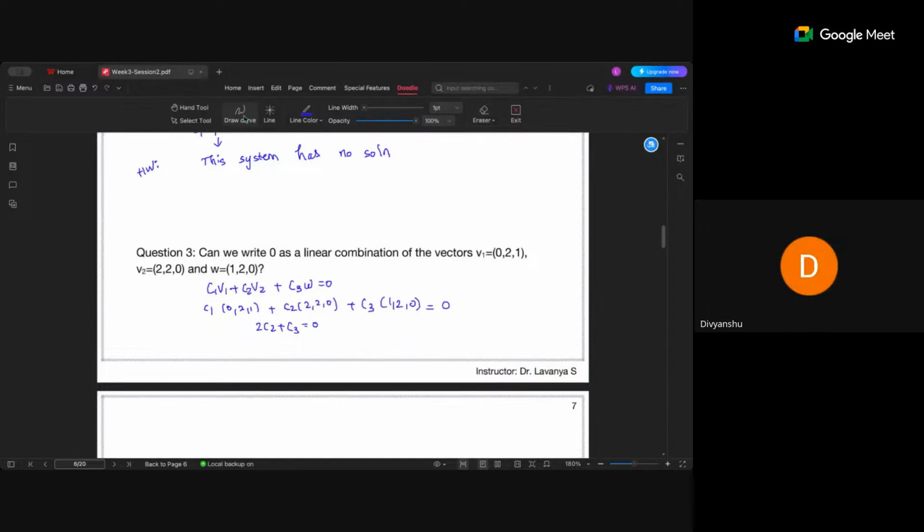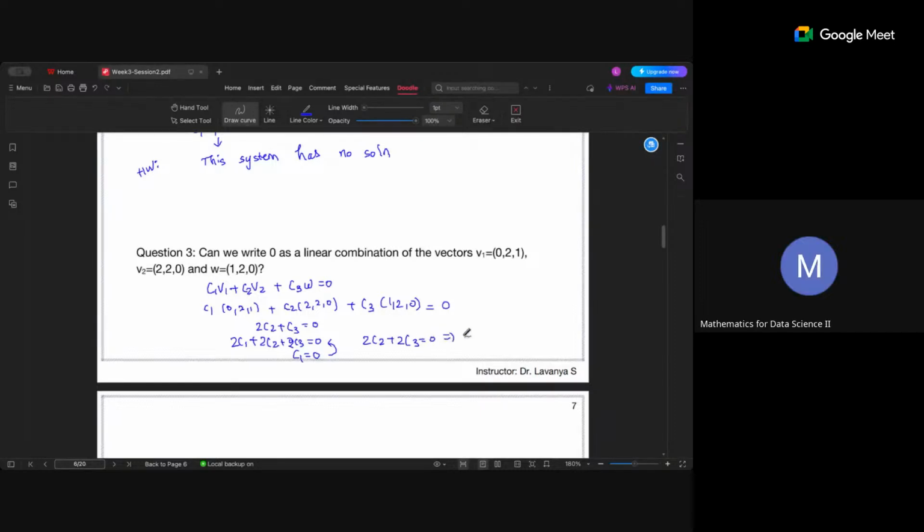And then 2C1 plus 2C2 plus 2C3, the next value is 0. And then you have C1 is equal to 0. So if C1 is 0, what will happen to this equation? 2C2 plus 2C3 is equal to 0.